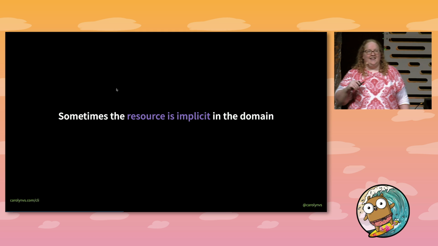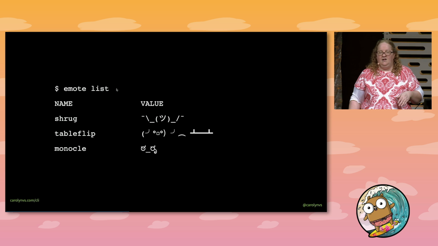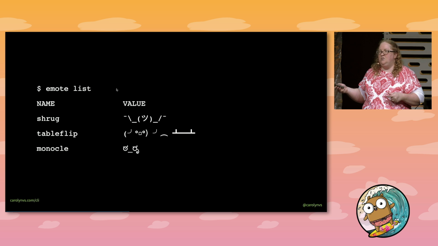Another trick I like to do when I'm working with how can I make things a little easier for the person typing and give them a little bit less to type, is your binary name itself. Sometimes it's a verb or a resource all on its own. Emote, emoticon. I can get away with just saying emote list, and you probably know what I meant, right?